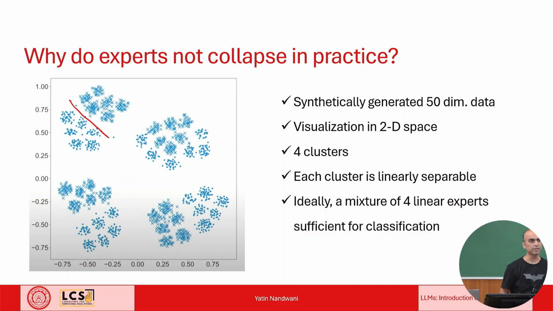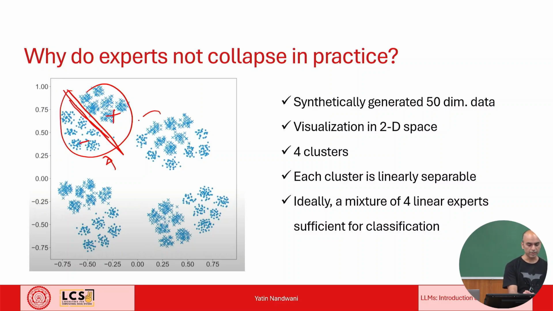So this can be separated using this. So you can have one expert. Ideally, what should happen? That any data point which is coming from this cluster should get assigned to this expert, right? And this linear classifier expert should be able to distinguish between the positives and the negatives, right?